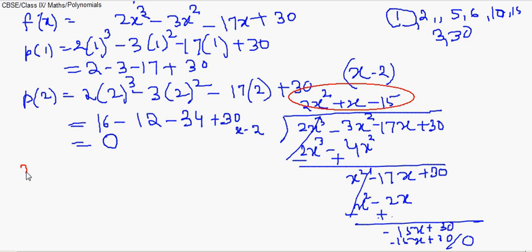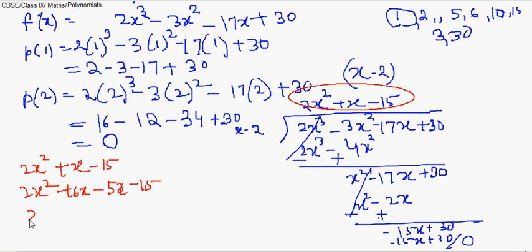So it is by middle term splitting. Now how do we do this middle term splitting? 15 into 30, 5, 6, 30, okay. So it is plus 6x minus 5x minus 15.